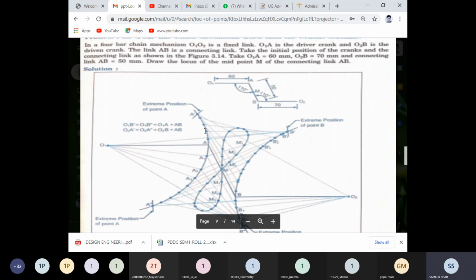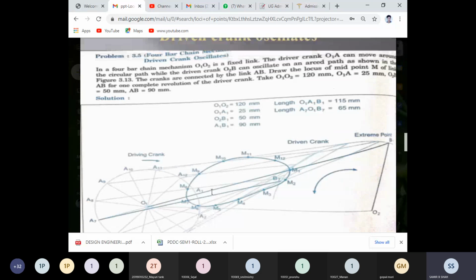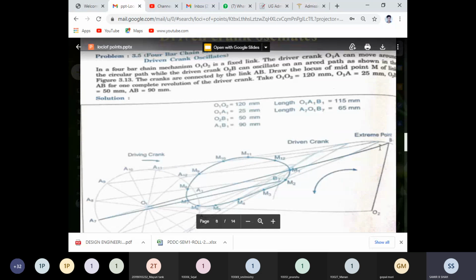Now, initially we have to find the extreme point or extreme position of both the arcs. In the oscillation diagram, in one crank oscillation and one crank revolve, we also found the oscillation extreme points, B1 to B12.